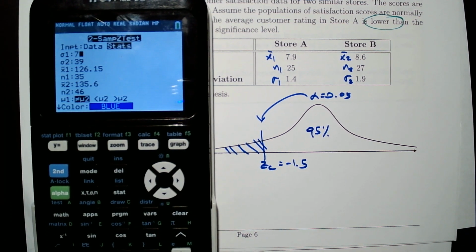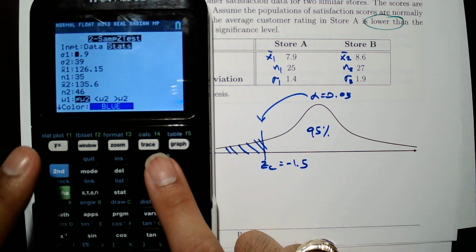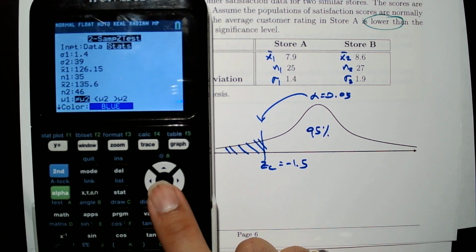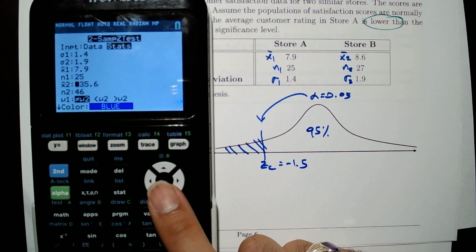The first standard deviation is 1.4. The second standard deviation is 1.9. X bar 1 is 7.9 on 25 people surveyed, and X bar 2 is 8.6, and 27 samples.